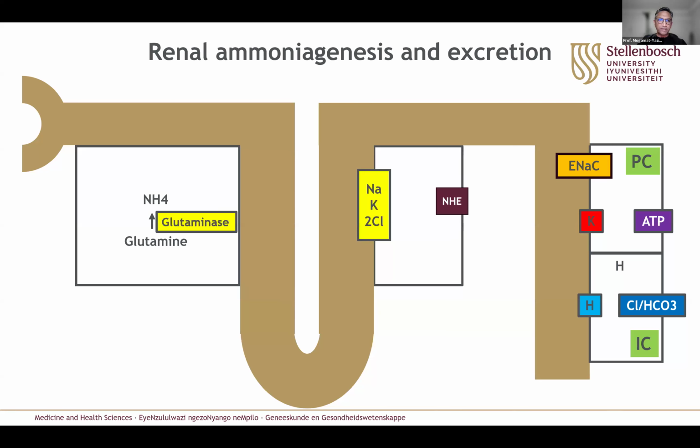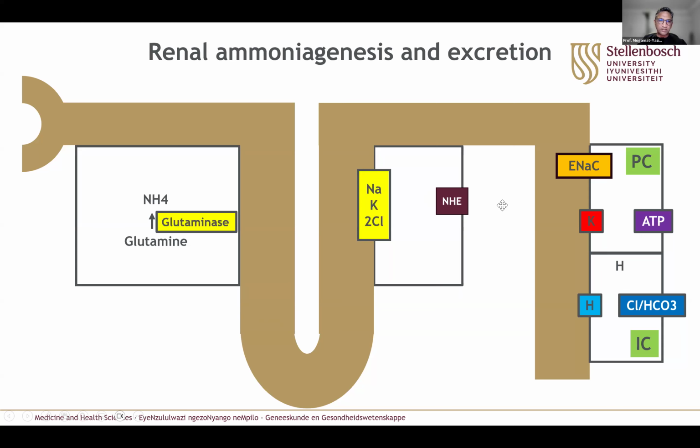And the ammonium then is secreted and moves along the nephron and crosses the sodium potassium 2 chloride pump. It specifically crosses the channel where potassium usually would enter. And then on the basolateral side, there is a sodium hydrogen ion exchanger where it then gets secreted into the interstitium of the kidney here, ammonium.